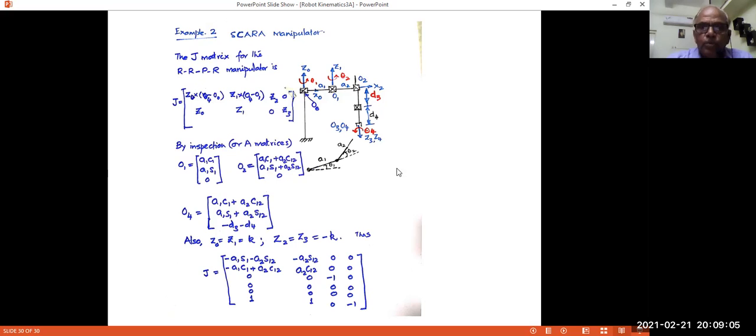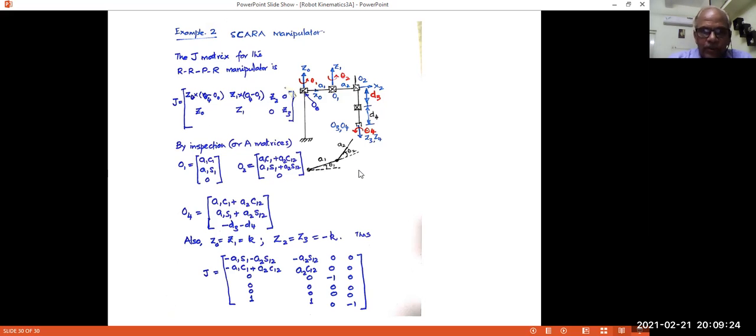As I said, for simple cases like this, it is possible to develop the Jacobian, but when you have 4, 5, 6 degrees of freedom and 6 joints, you will find that you need to have recourse to better programming approaches to arrive at the Jacobian.